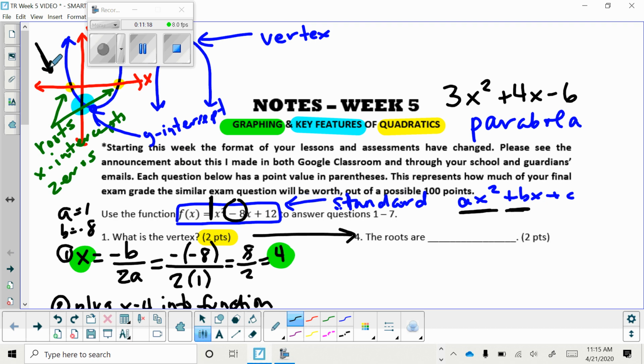Those yellow dots are where the graph crosses the x-axis. But what those 2 dots have in common is that the y value is 0 at both of those places. So we use that information algebraically to figure out the x-intercepts.